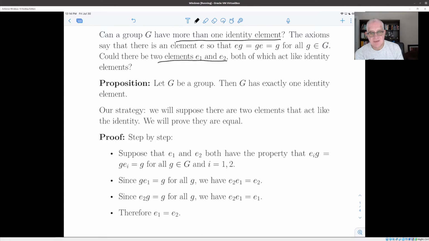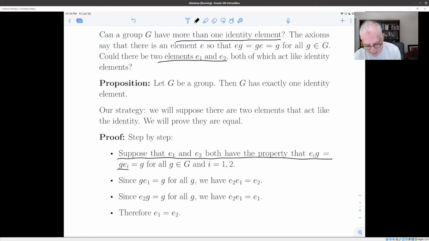And our strategy for this is to suppose that we had more than one, suppose we had two, and show that in fact those two supposedly different elements are really the same. And we're going to do this a step at a time. So we begin by assuming that E1 and E2 both have the identity element property.